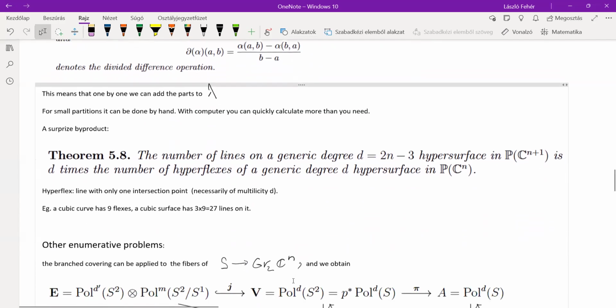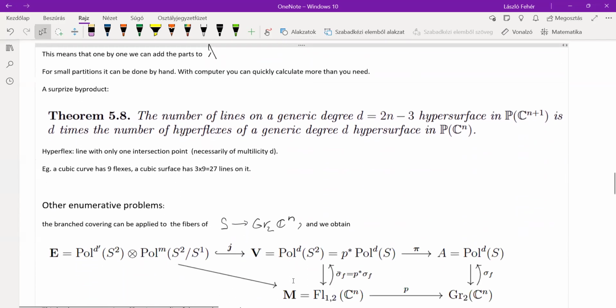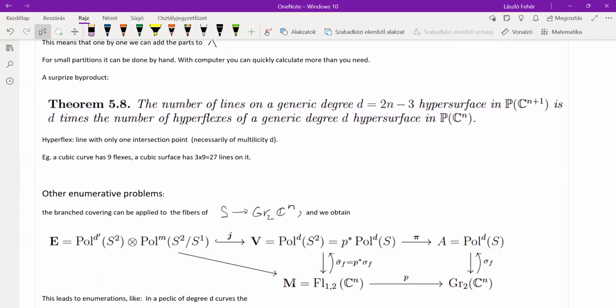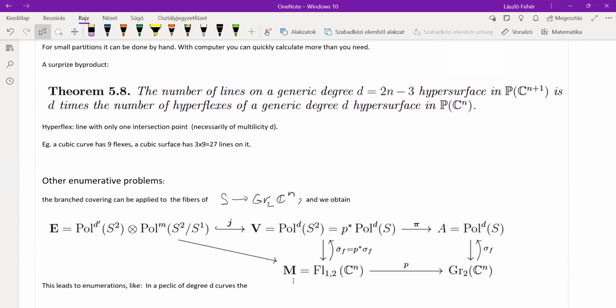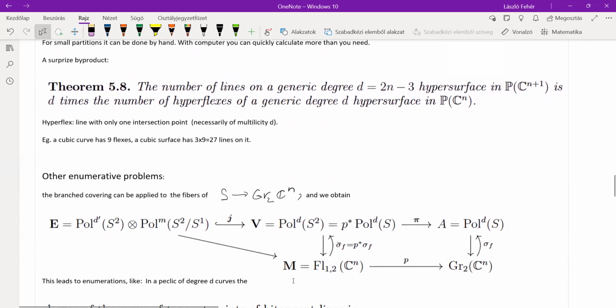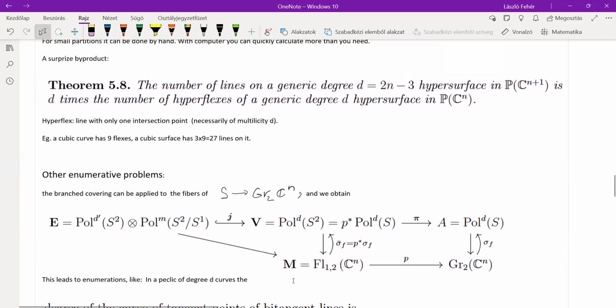Okay, so maybe I mention some other enumerative problems. The idea is that you can somehow create a more complicated branched covering by applying this construction to every fiber of this vector bundle, the tautological bundle.